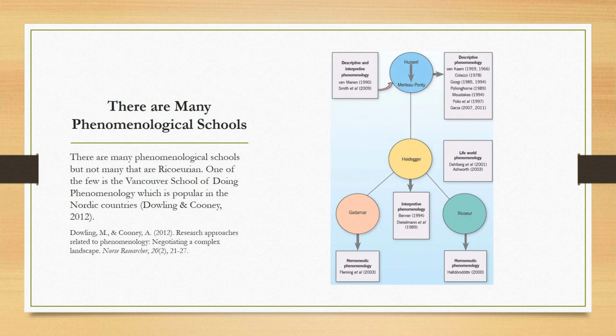Excellent question. Very good question. I have read Husserl, I have read Heidegger, I have read Gadamer, I have read Ricoeur. And so, of course, you are very influenced by everything you read.